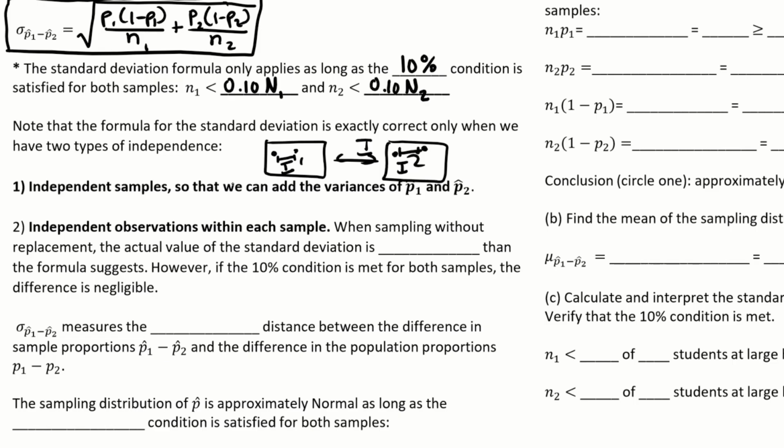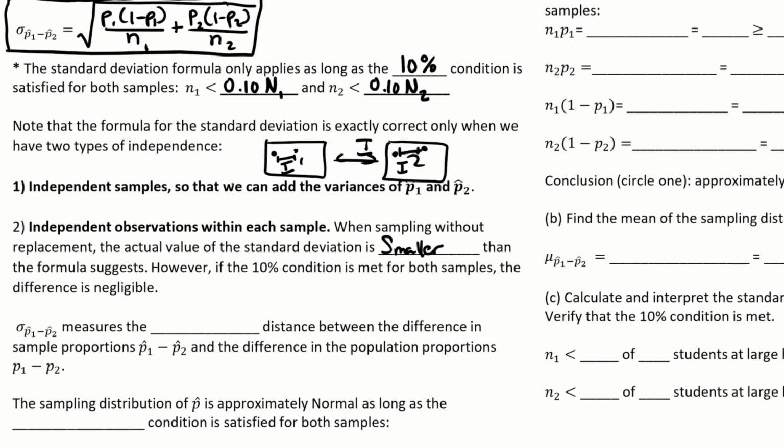And for this one, when you're sampling without replacement, the actual value of the standard deviation is smaller than what the formula suggests. But if the 10% condition is met, then the difference is negligible. So the 10% condition is used to meet the second independence condition, not the first.